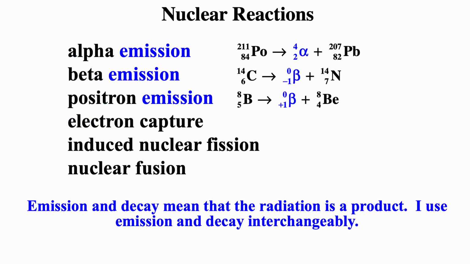When you see the term emission, sometimes I'll use emission or decay. I'll use those interchangeably. So you could be talking about alpha emission or alpha decay. If you see emission or decay, it just means that the radiation is a product. So alpha emission means the alpha particle is in the products.